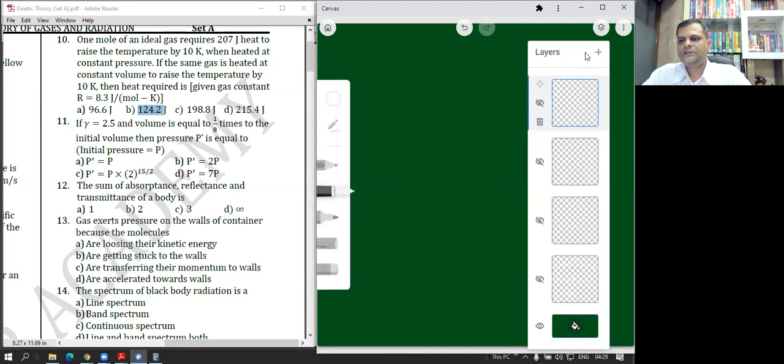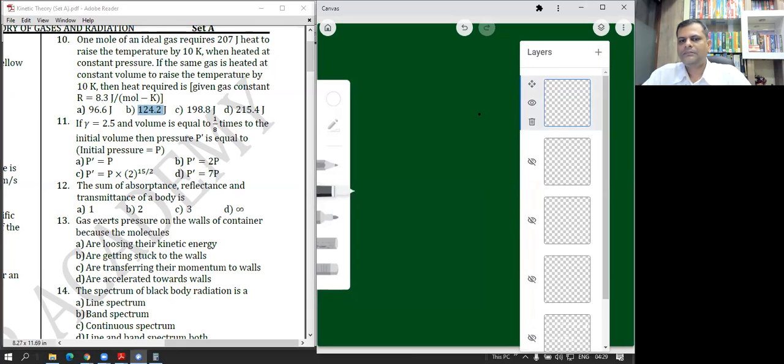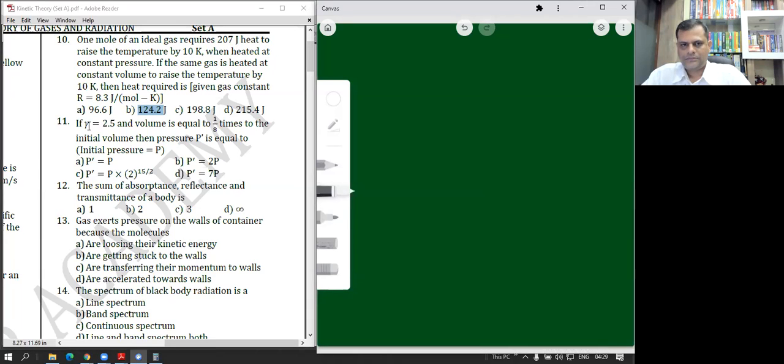Let us see the next one. If gamma is 2.5 and the volume is equal to 1/8 times the initial volume, then the pressure P dash is equal to what?